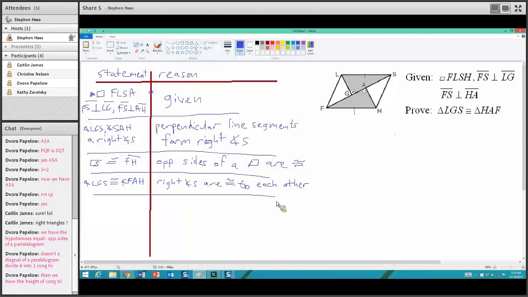Then you have the height of the congruent triangle. Well, because the altitude, yeah, okay, that's true. In other words, you can get it as altitudes because GL is an altitude of SFL and AH is an altitude of SFH, and altitudes of congruent triangles are equal. Yeah, you can get it that way. But I see an even easier way.